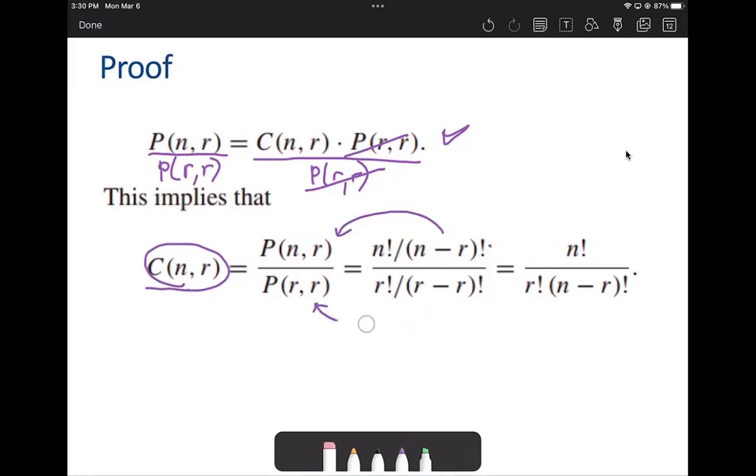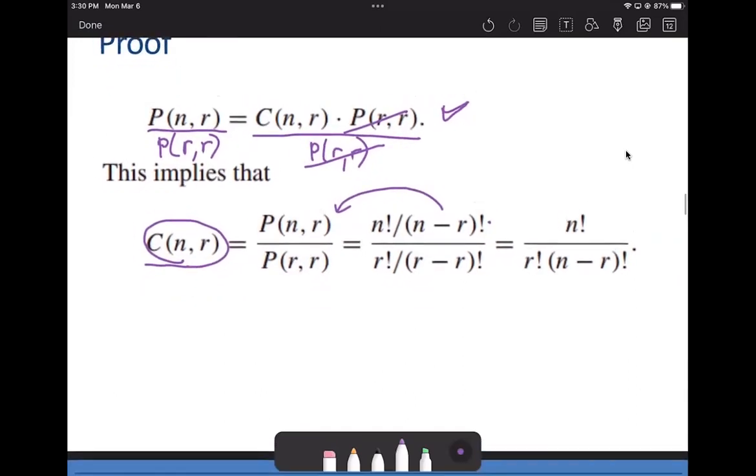So we know that the formula for permutation of n taken r is n factorial divided by n minus r na factorial. Okay? And divided by the permutation of r taken r. So this is p of n taken r.